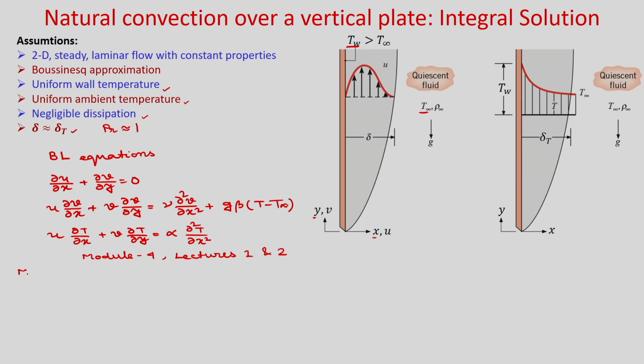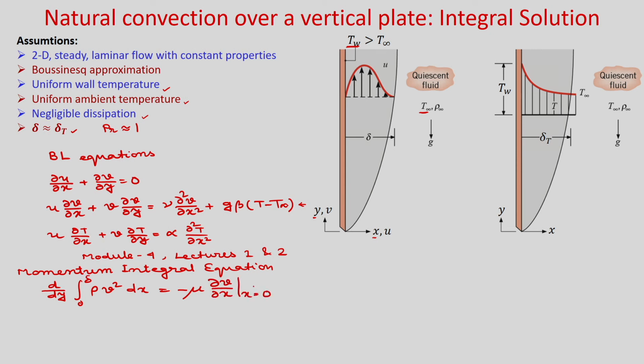If you derive, you will get the momentum integral equation. Using the continuity equation you can derive it from this momentum equation as d by dy of the integral from 0 to delta of rho v square dx, equal to minus mu del v by del x at x equal to 0.